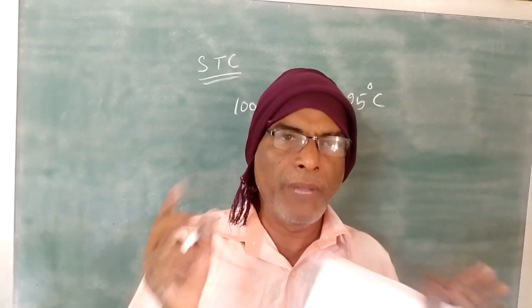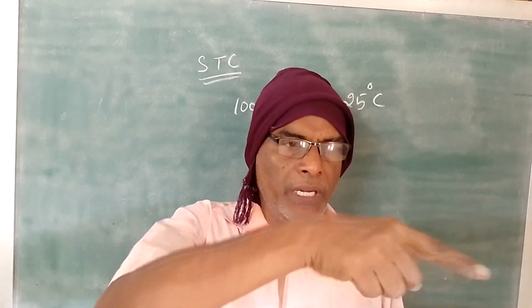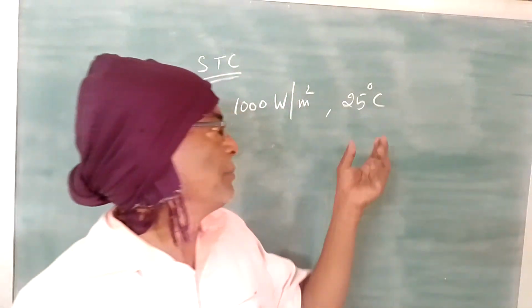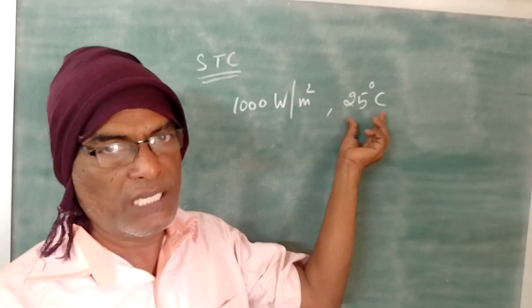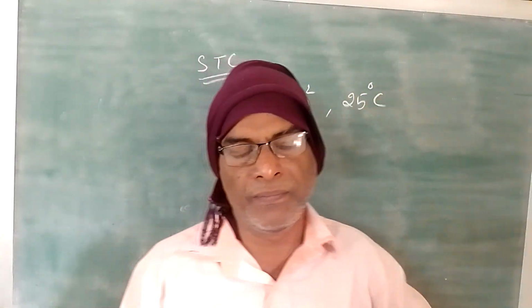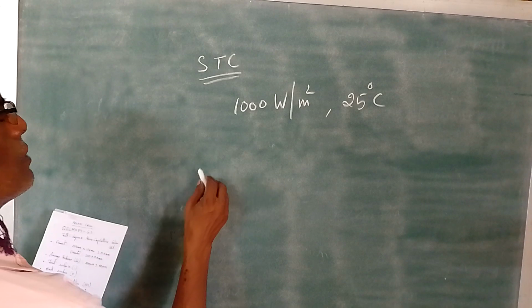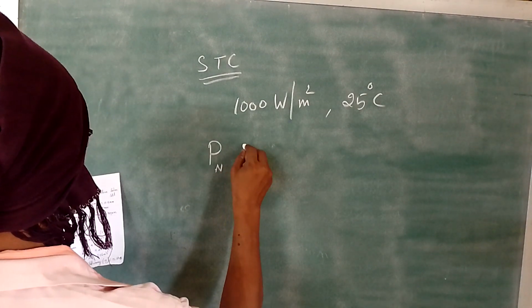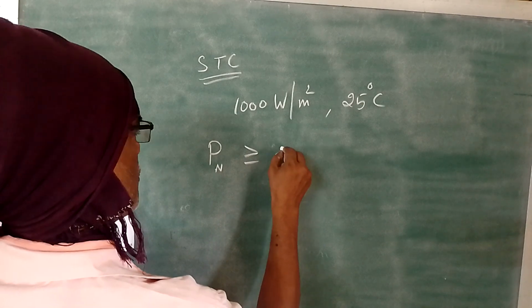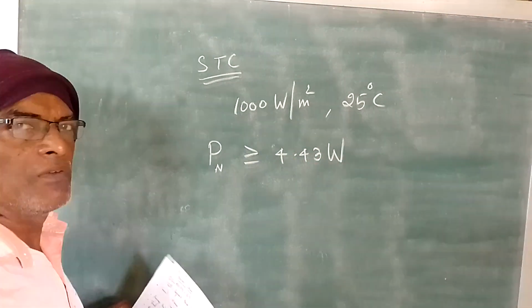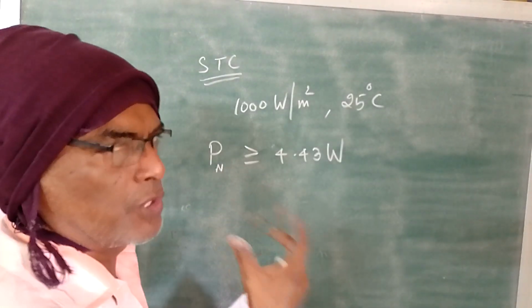So you can imagine that, right? 1 meter square, temperature is 25 degrees Celsius. You can get 1000 watts maximum. Okay. Nominal power is greater than or equal to 4.43 watts of this particular module.